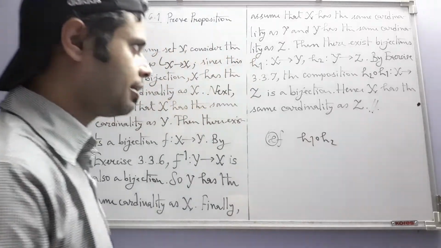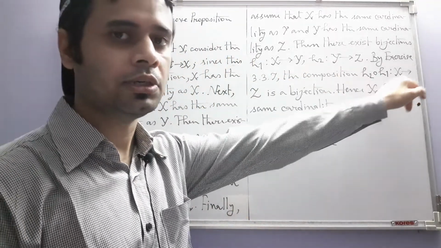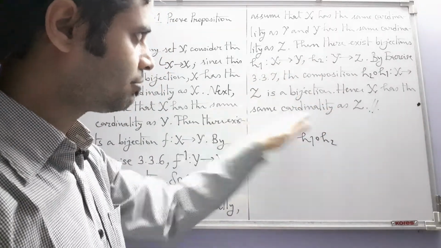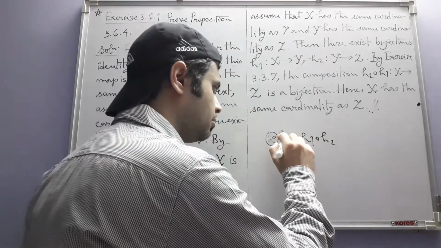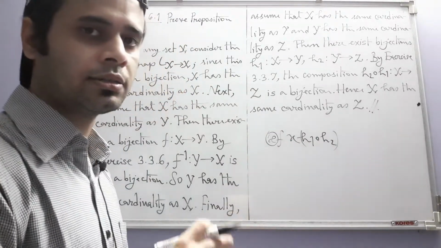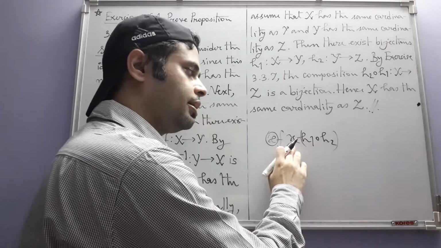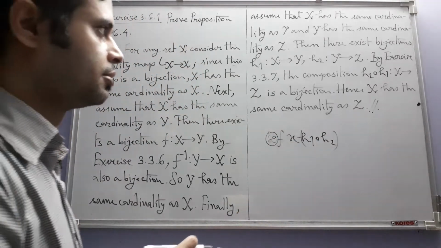There you don't have to think about the order in which the functions appear. They appear in whatever way you see them, because this is how we will calculate the value of the composition at a point. So here again we are applying H1 first, and then on the result we are applying H2.